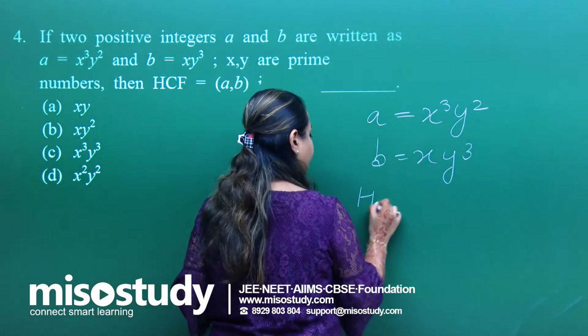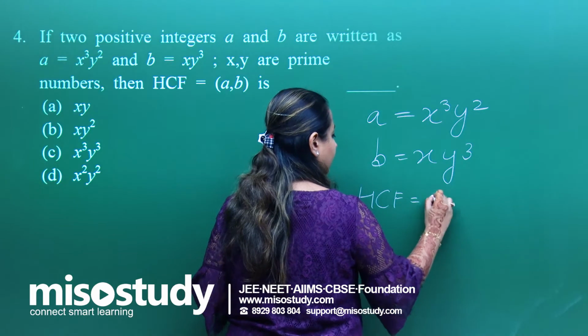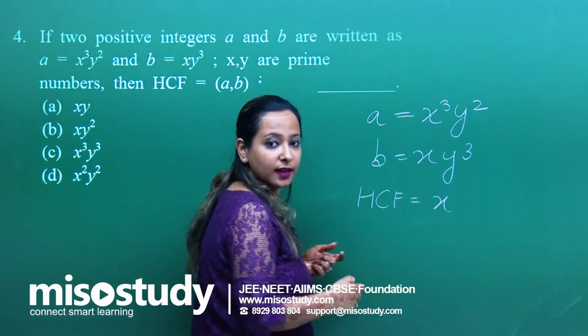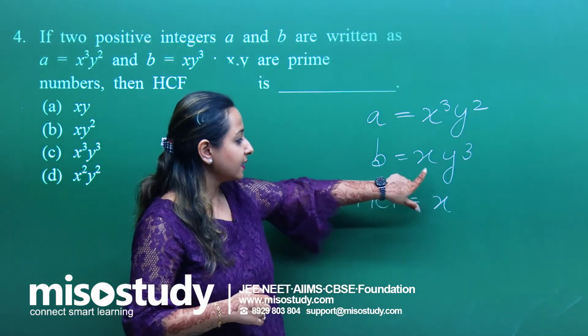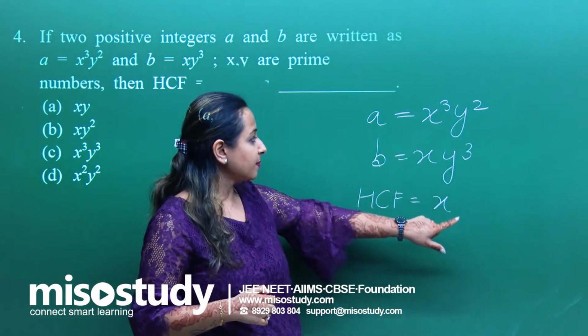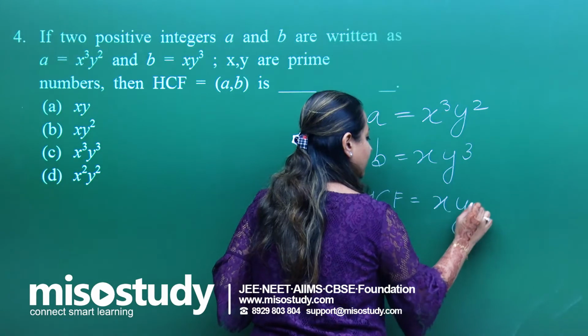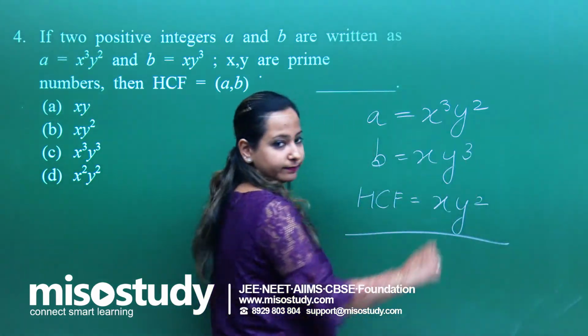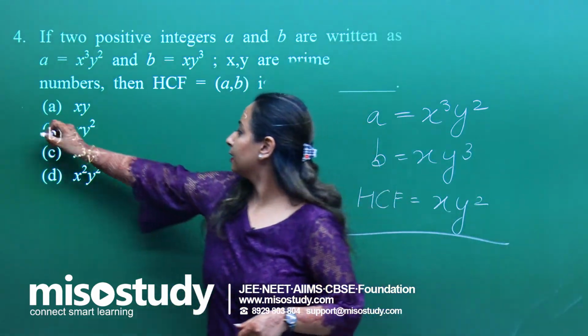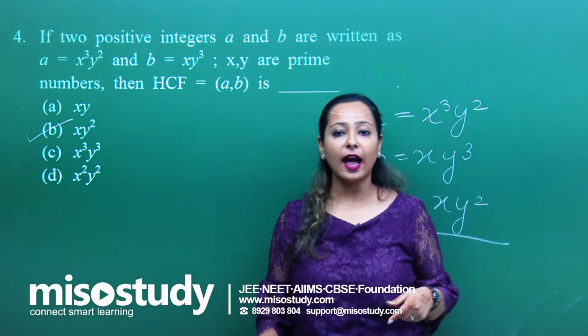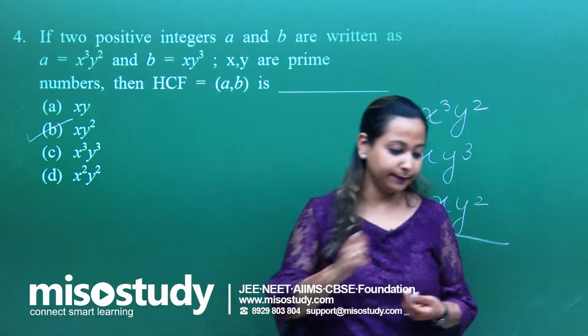So the HCF will have x and y, both are common, and the lowest power for x is 1 and the lowest power for y is 2. So we have the answer as x y square. That is your option B. I hope you have understood this clearly.